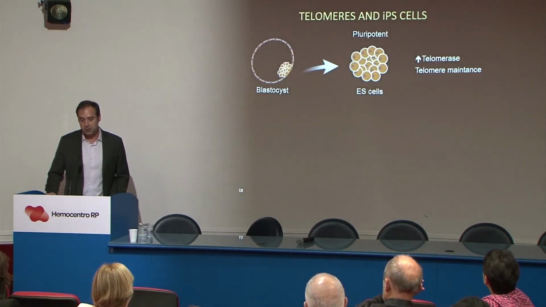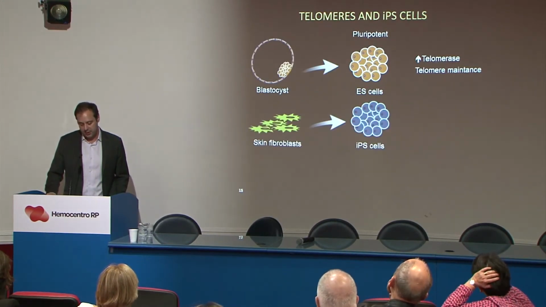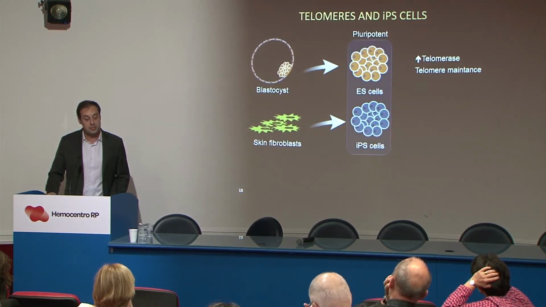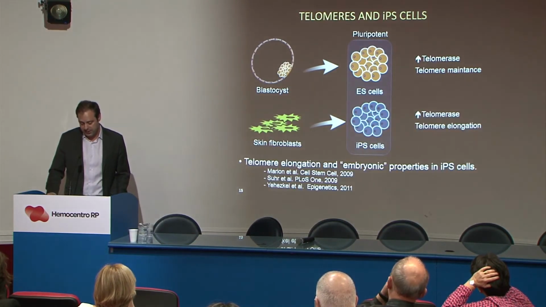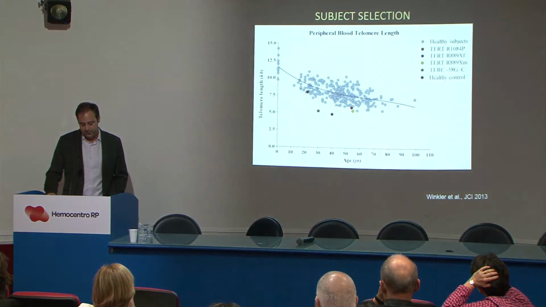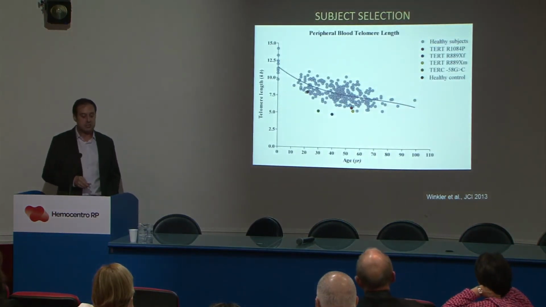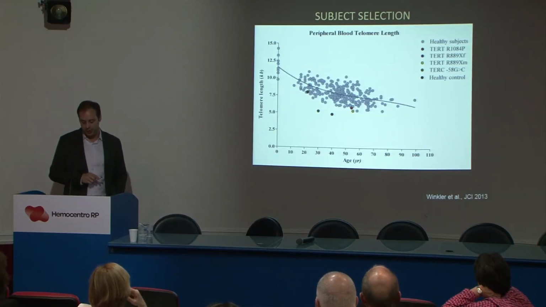So we know that in embryonic stem cells, telomerase is very active, and apparently in the mouse, we knew already that when we reprogram skin fibroblasts into an embryonic or pluripotent state, telomerase goes up. So what we did was to look at telomerase activity in cells from patients with telomerase mutations and short telomeres.